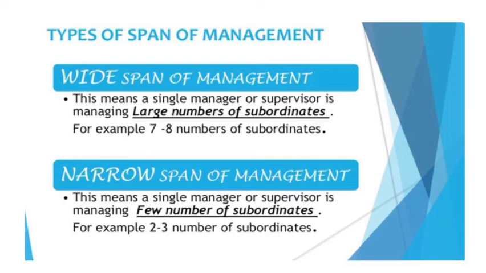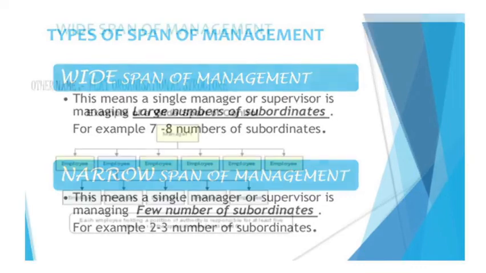One point which will have an impact is the nature of the work. The nature of the work, communication, and type of work are also factors for which organizations may go for a narrow span of management.